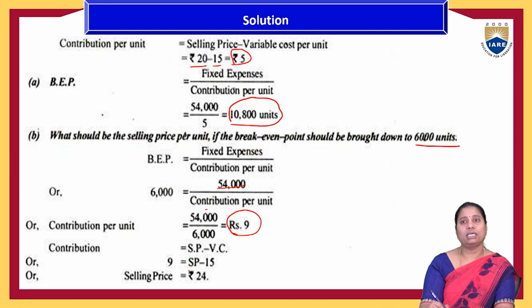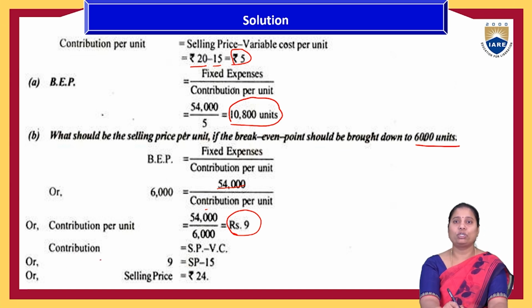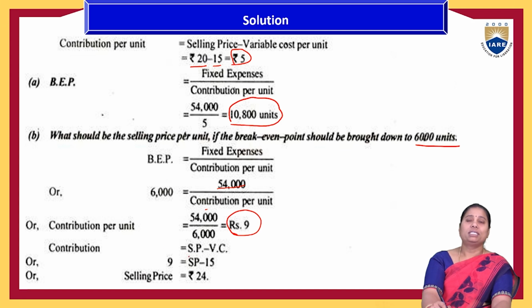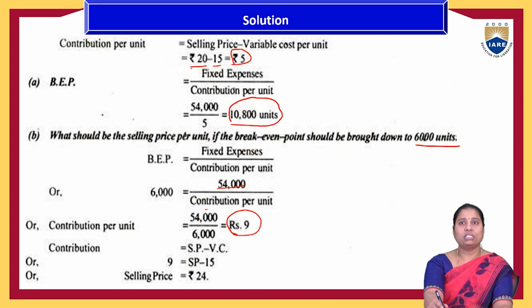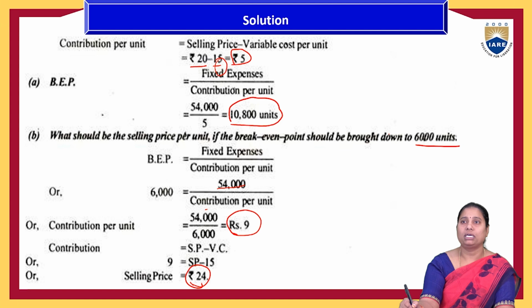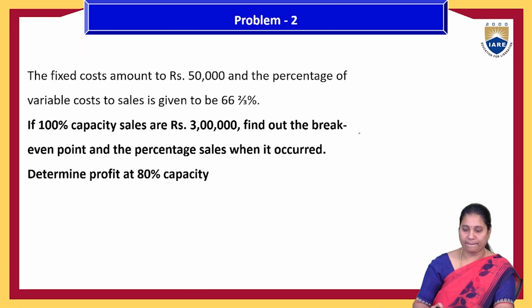Contribution equals selling price minus variable cost, and the variable cost provided is 15 rupees. So if the selling price is 24 rupees, only then can they bring the break-even target down to 6,000 units.